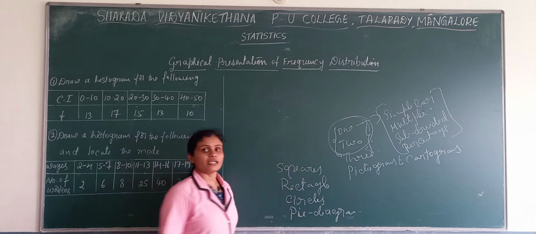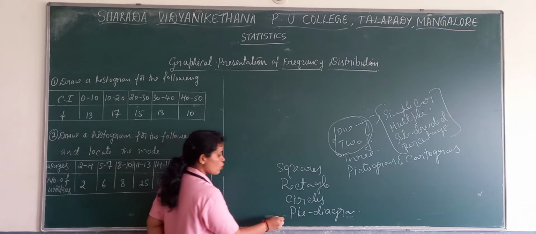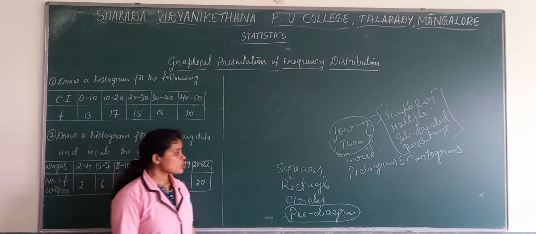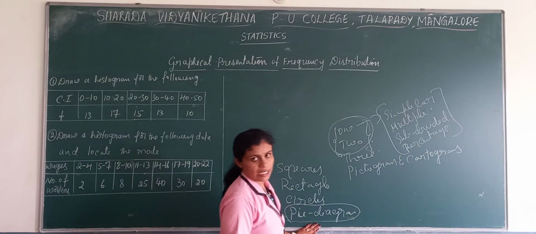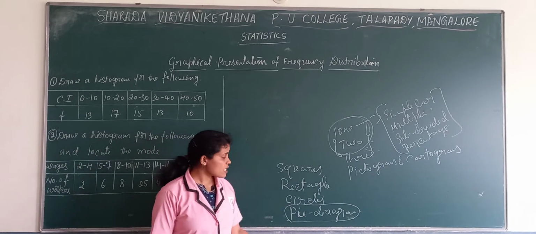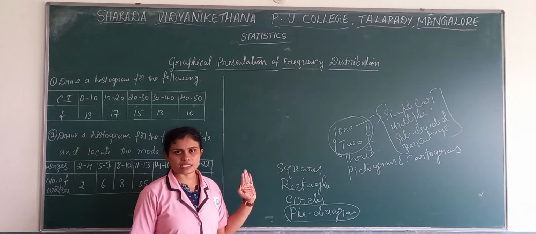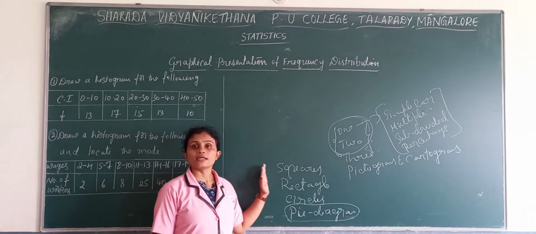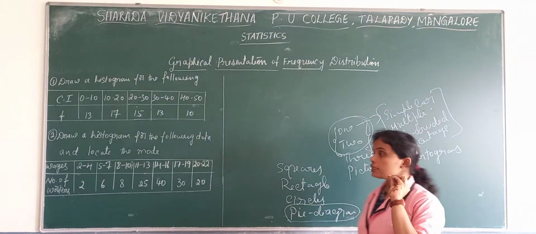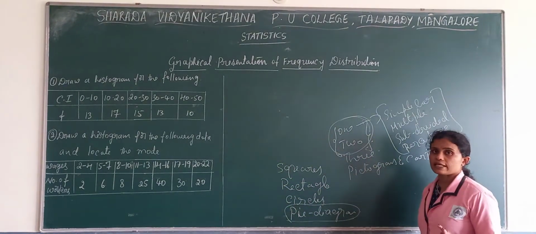But here we are going to study only the pie diagram according to your syllabus. We have seen pie diagrams, and in the last session also we discussed them. These other three we are not discussing here, but we know that these are two-dimensional diagrams. So till now we have completed the diagrams.